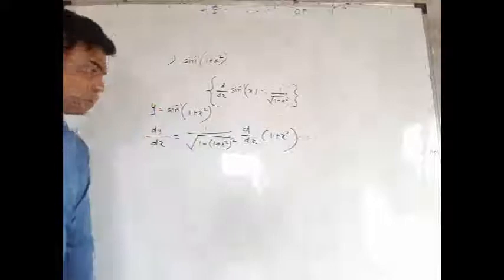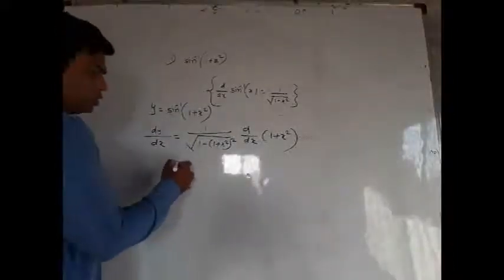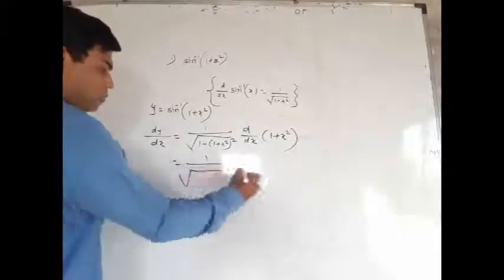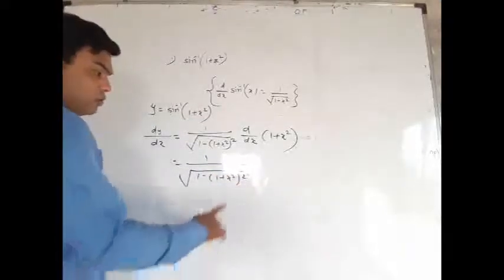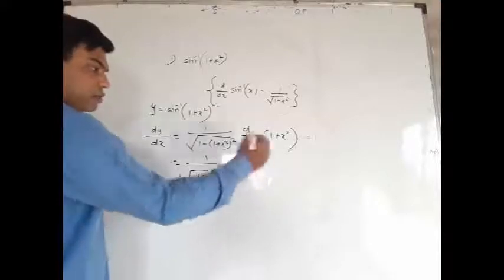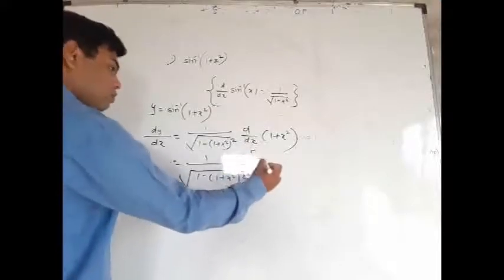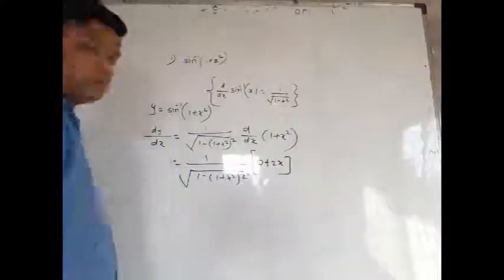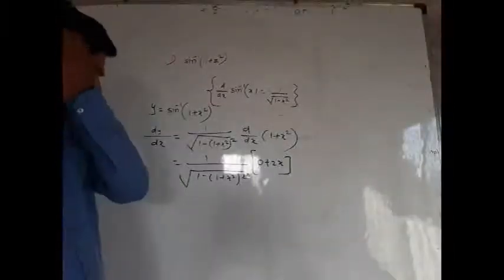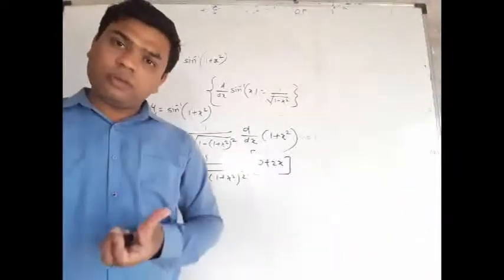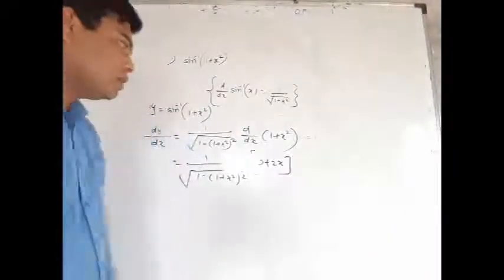Next we can simplify this under root of 1 minus (1 plus x) whole square. We can apply the (a plus b) whole square formula here. The derivative of 1 is 0 and of x is 1. We have to use the simple composite rule or chain rule here to solve.